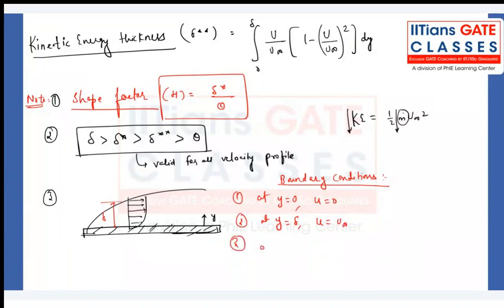Third one, at y equal to 0, tell me guys, what will happen with dou square u by dou y square?